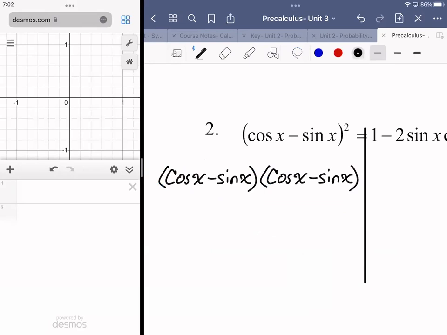This is a binomial squared, but it really is just a matter of distributive property. So I'm going to take this cosine, multiply it by that cosine. Cosine squared x. Because cosine times cosine is the same as cosine x quantity squared, but this is the notation that represents a cosine function being squared. Then I'm going to take that first cosine and multiply it by a negative sine.